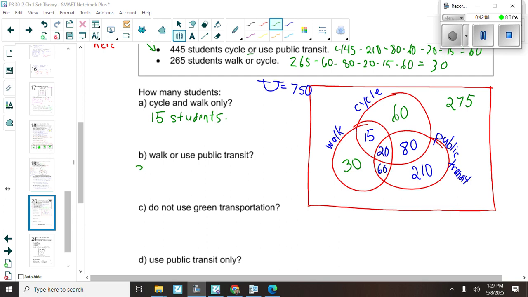So you're looking at 30 plus 15 plus 20 plus 60 plus 80 plus 210, everything in the walk or public transit snowman. That ends up being 415 students. And again, walk or use public transit. Nice sentences.